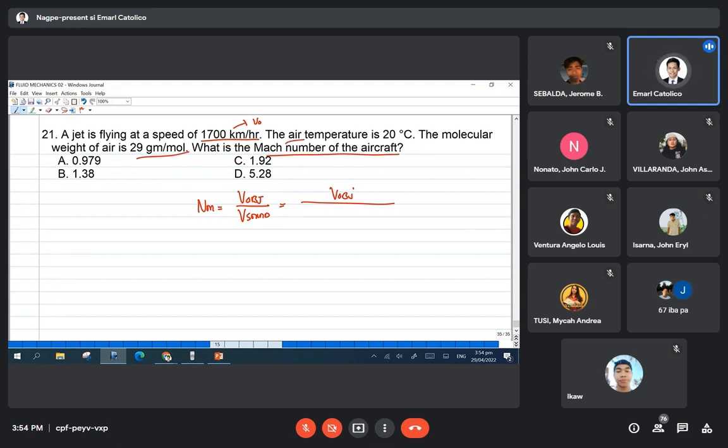At standard naman yung 29. So square root of K R. At 29 grams per mole, since standard yan, yung K mo, 1.4, R mo is 0.287. So direct sub lang yan. Kaya naman solve. Okay, so yeah, that will be all for fluid mechanics.